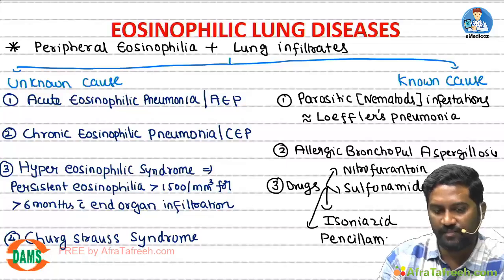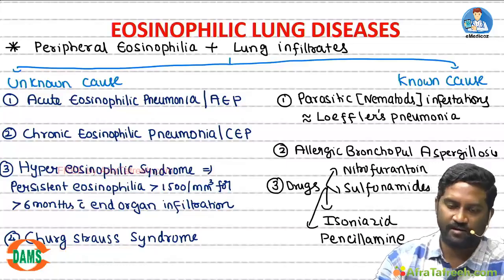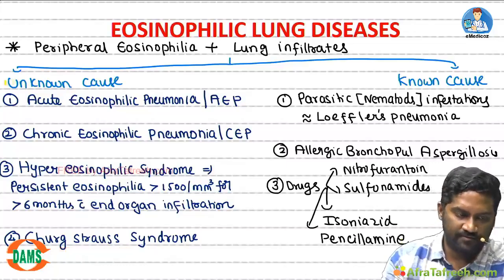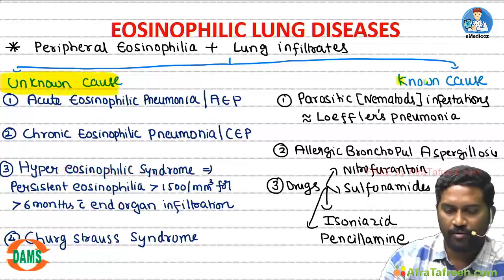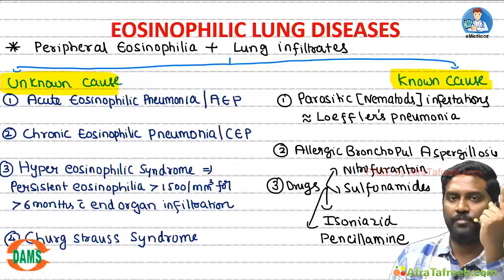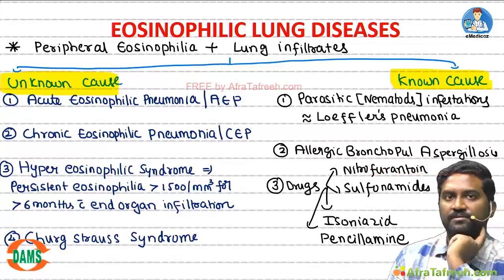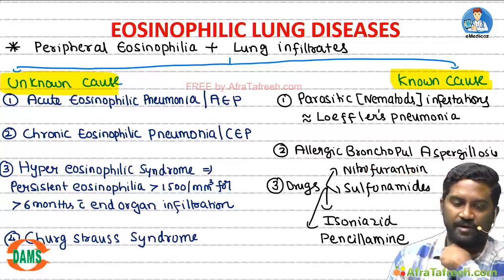These are the drugs that can be responsible for eosinophilic lung diseases. We have classified eosinophilic lung diseases into unknown cause and known cause. In the known cause: parasitic infestations, allergic bronchopulmonary aspergillosis, drugs such as nitrofurantoin, sulfonamides, isoniazid, penicillamine.